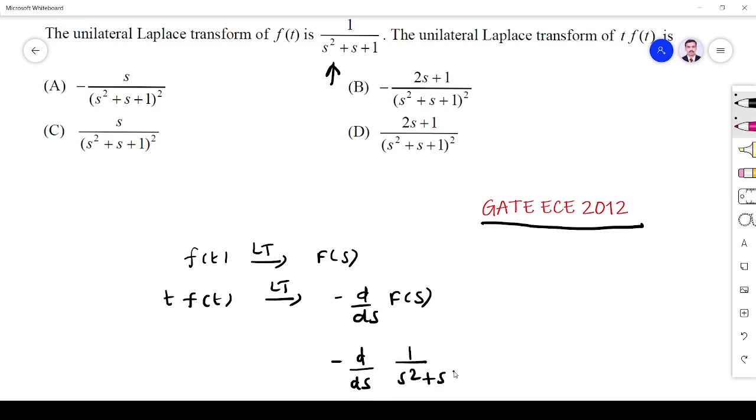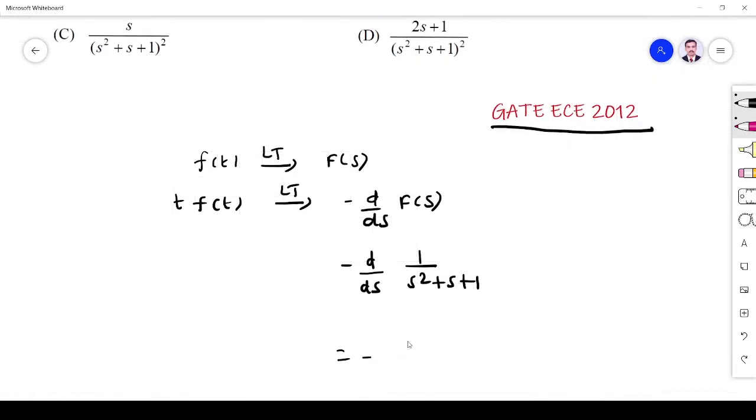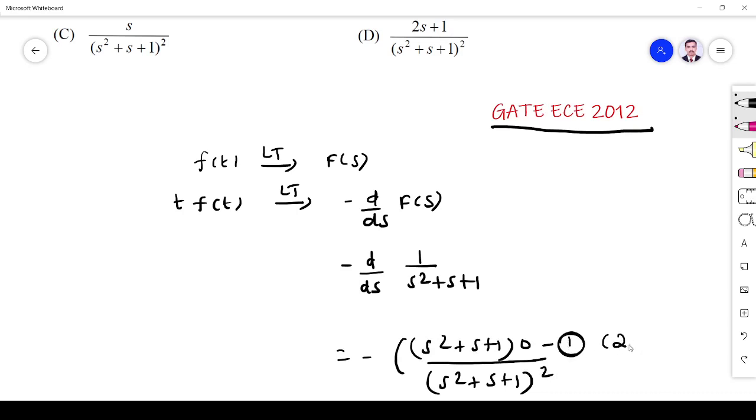So 1 by s square plus s plus 1, I have to differentiate. So if I differentiate, it is s square plus s plus 1 whole square in the denominator. Here, s square plus s plus 1 into 0 minus 1 into, this is the U by V model, so it is 2s plus 1.